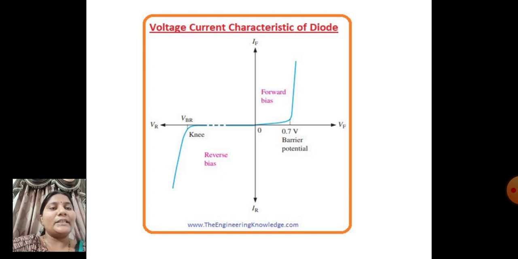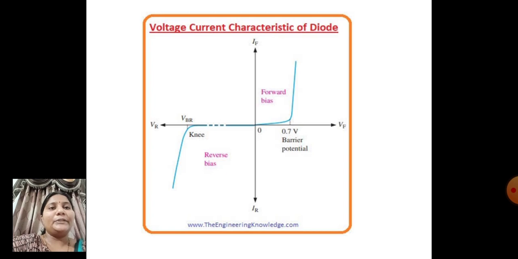So 0.7 is the knee voltage, the minimum voltage required for majority charge carriers to cross the junction. Clear?